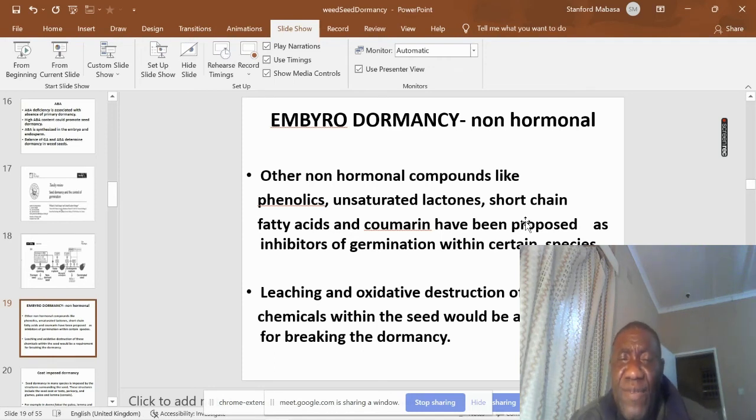In order to break dormancy, leaching and oxidative destruction of these chemicals within the seed would be a requirement. Later on, in a completely different topic, we shall explore these chemicals when we discuss allelopathy.